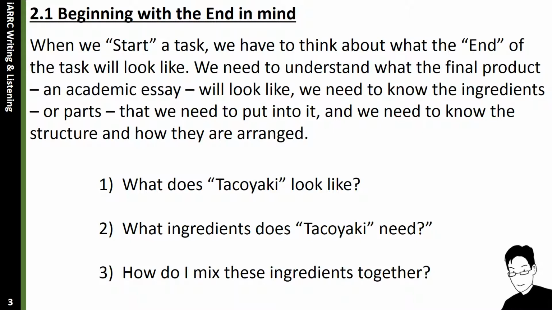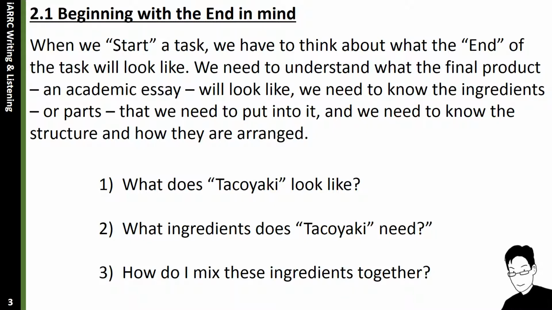We need to understand what the final product, in this case an academic essay, will look like. We need to know the ingredients or parts that we need to put into it, and we need to think of how the structure is arranged.